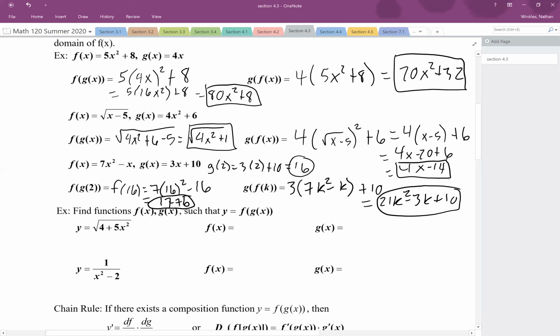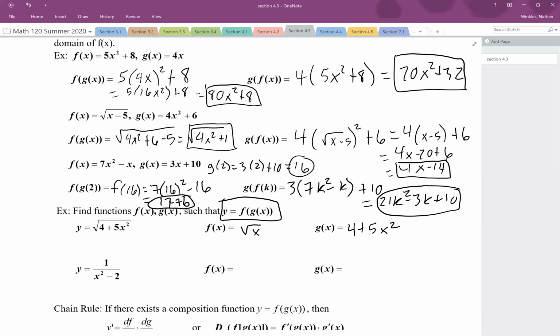Now, what if we're given the composite function f composed of g of x? So g of x was plugged into f of x as an inside function, and we're wanting to find f and g. So our outside function here could be square root of x, and g of x would be 4 plus 5x squared, if we just look at inside versus outside.